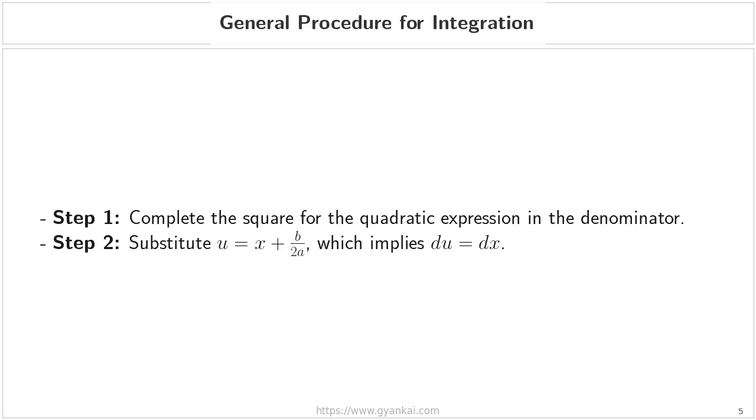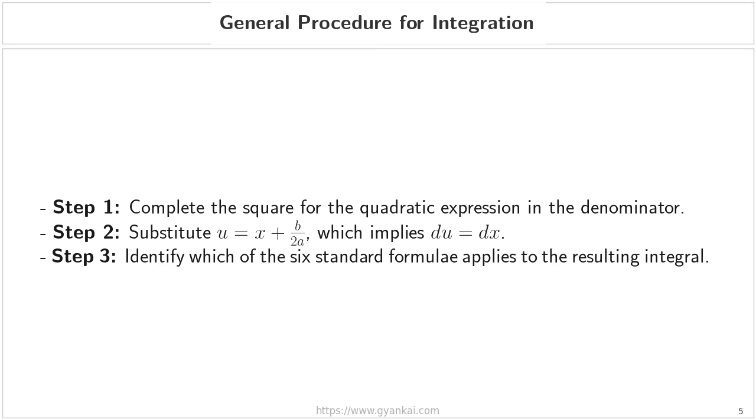This substitution simplifies the integral, making it easier to recognize which standard formula to apply. Step 3. Now that we've made the substitution, we need to identify which of the 6 standard integration formulas we discussed earlier applies to the resulting integral.